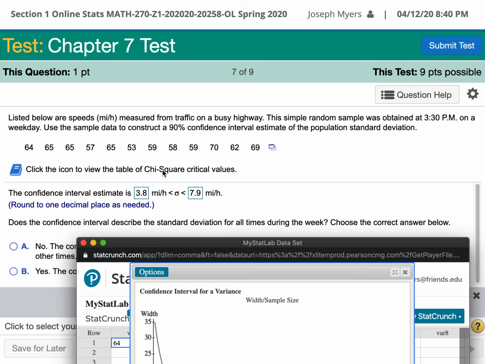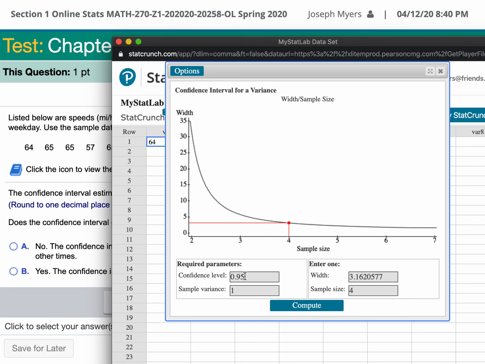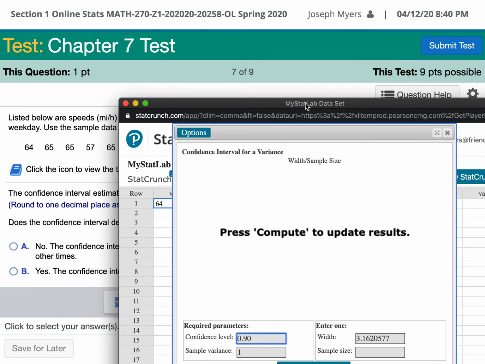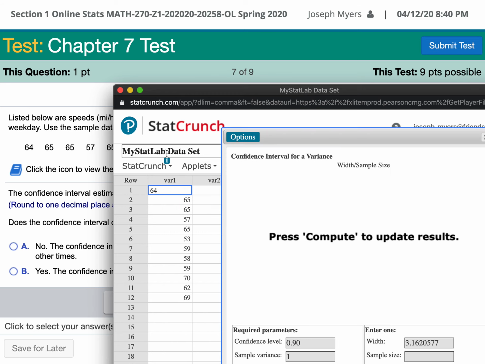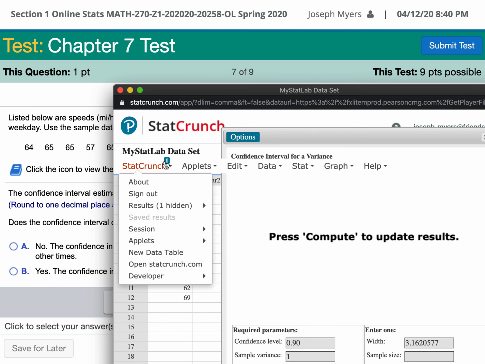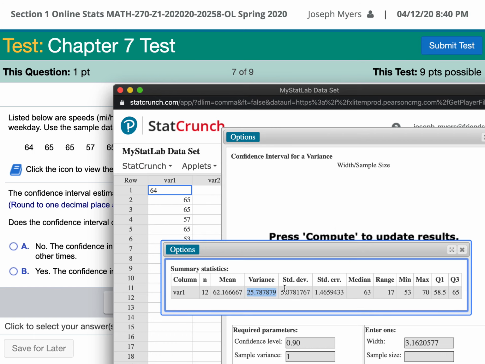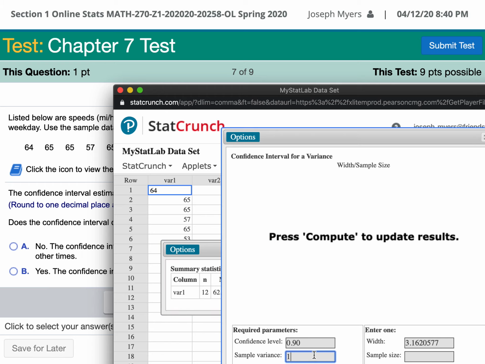Now you are constructing a 90% confidence interval. So you're going to use 90% like this, and then you enter the sample variance. So the sample variance, it's back in this window right here. So you're still going to need that sample variance of 25.78. So enter that number, the sample variance of that.